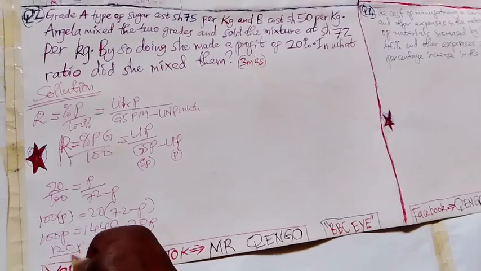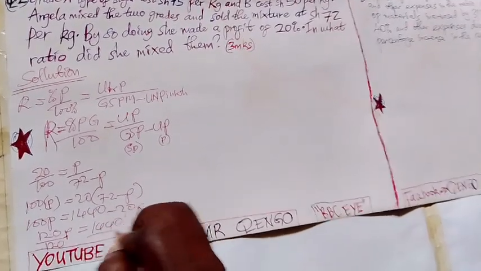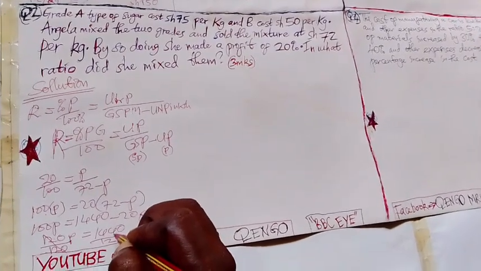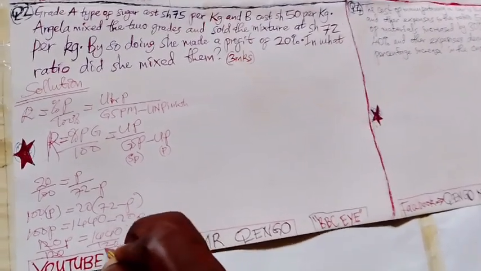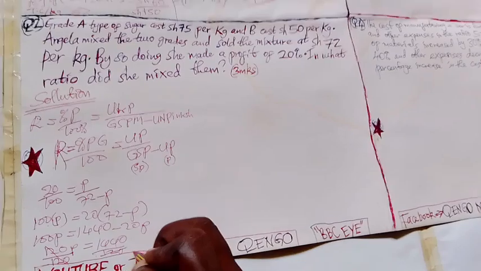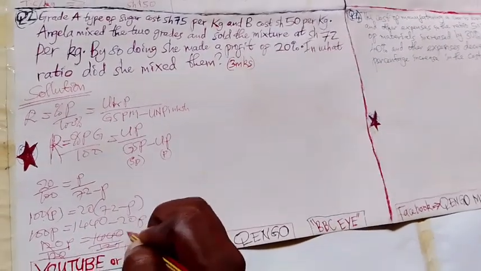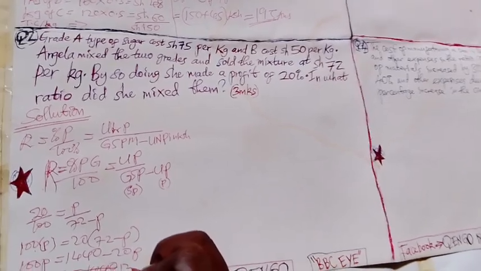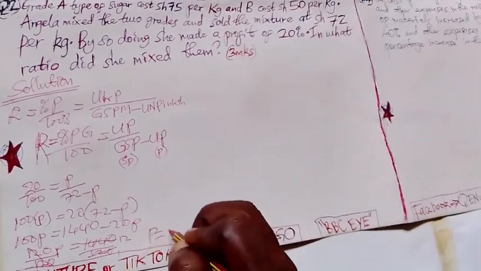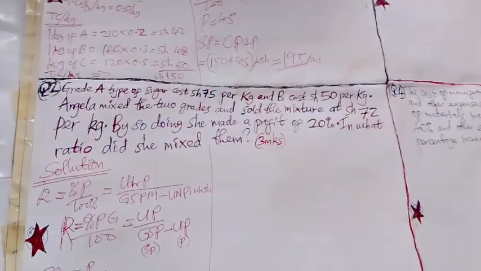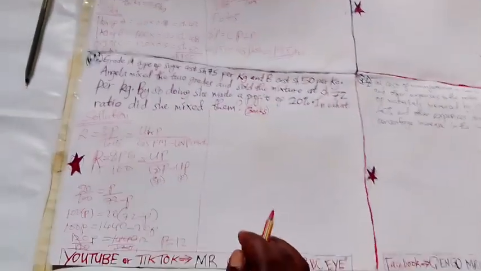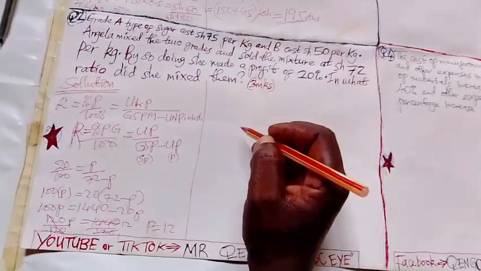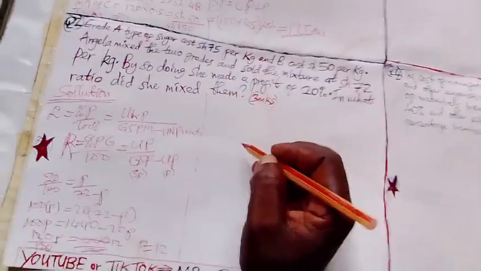By dividing both sides by 120, this goes to 1, and if you divide 1440 by 120, you get 12. Therefore, our profit is 12. Then we go to step 2.